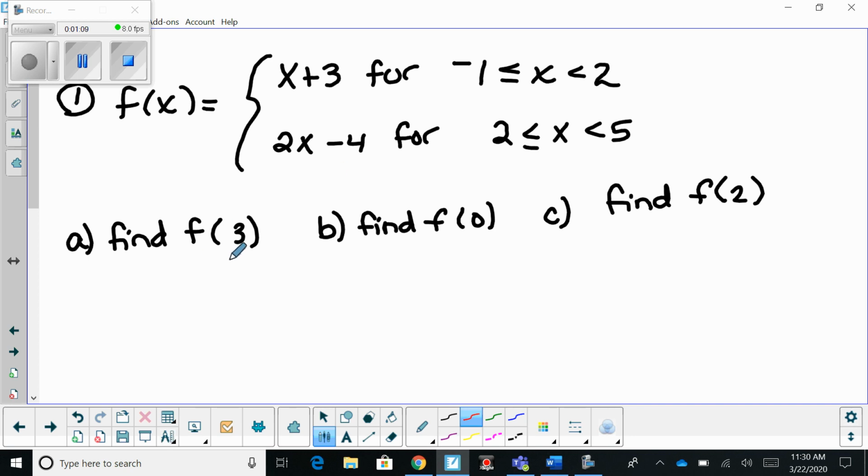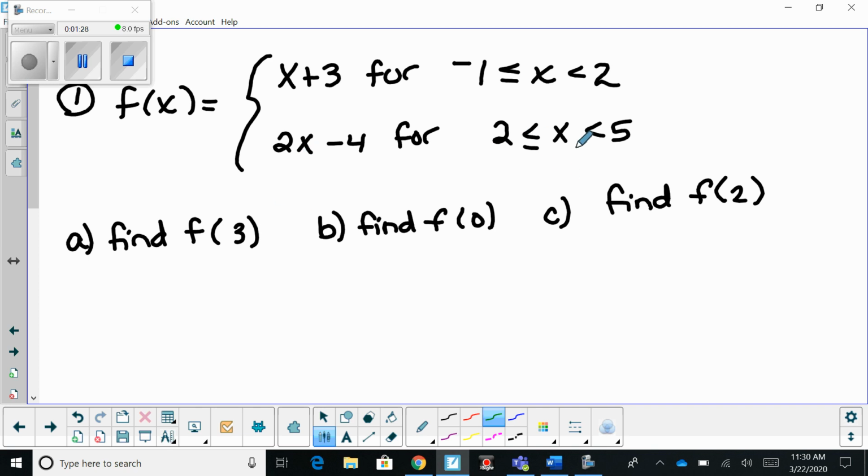So when they ask you to find a specific value for an x value, like right here in letter A, and it says find f of 3, I have to decide, does 3 fall into the restrictions for this top function, or does 3 fall into the restrictions for the bottom function?